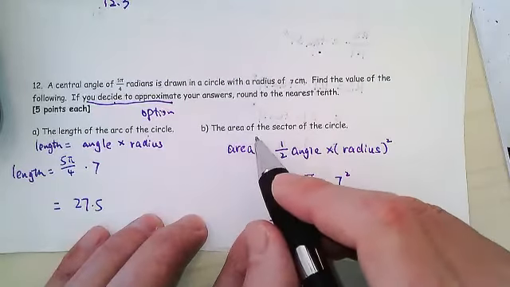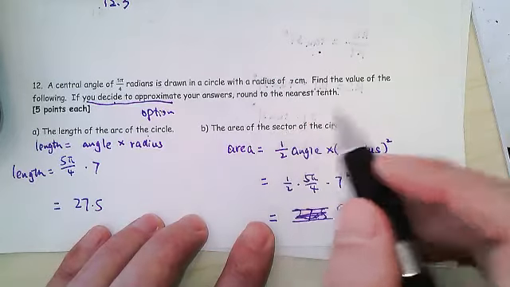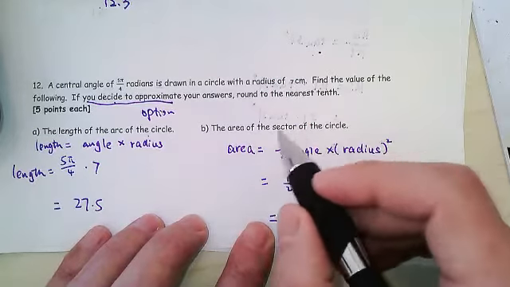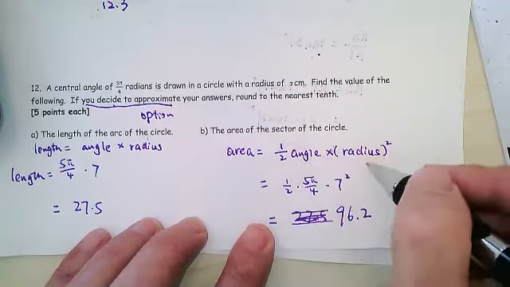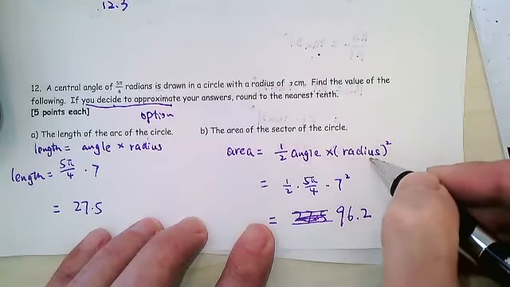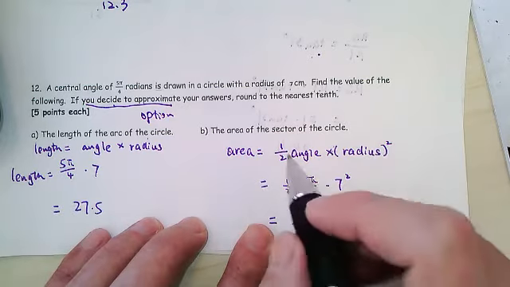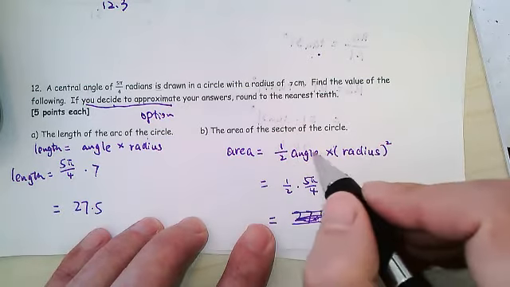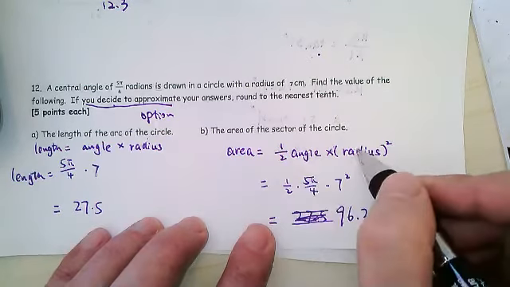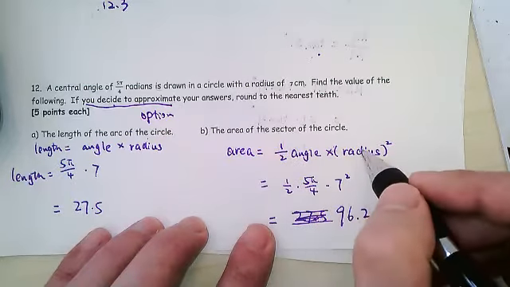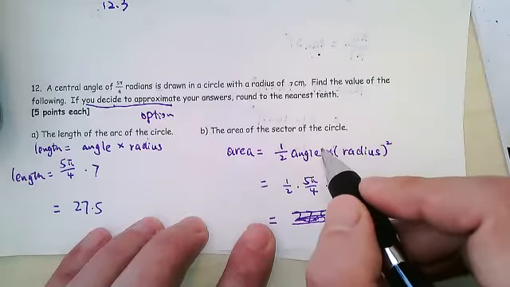Part B, the area of the sector. Notice the area formula is how big the angle is times the radius squared. Okay, so this is the take-home part. You can find this formula in our textbook, or you can just Google the area of the sector of a circle.